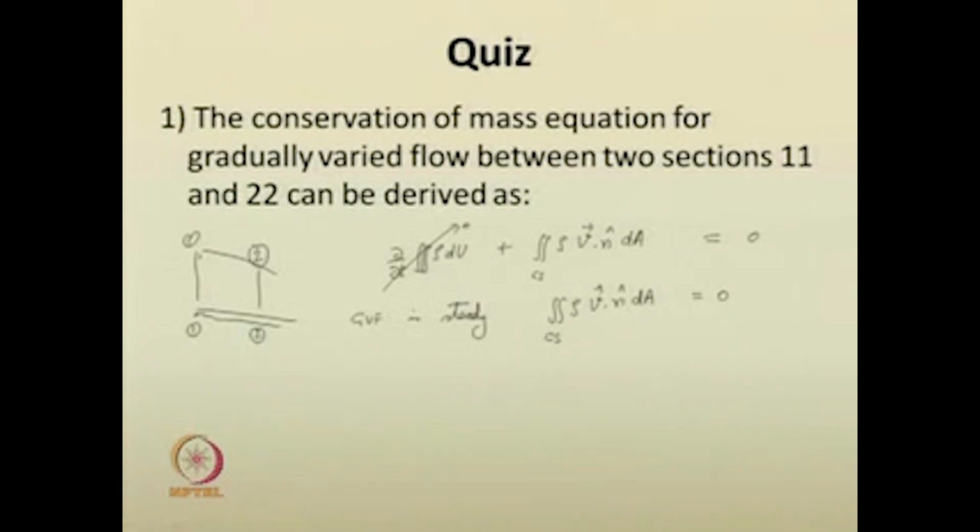From the control volume, two control surfaces allow flow across, and that is the plane normal to section 1 and the plane normal to section 2 here. Only those two sections allow flow across those planes. As the flow is incompressible, you can remove rho also.